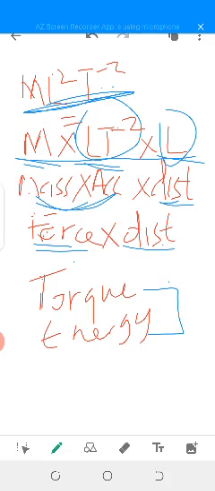The ML squared T minus 2. Splitting this down, we have this to be ML. I want to take one T here, one L here, with this factor T raised to power minus 2.